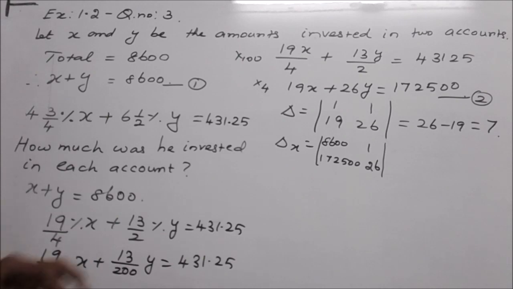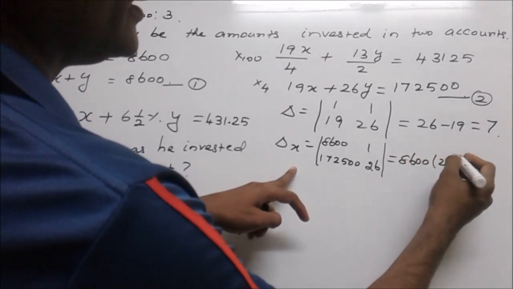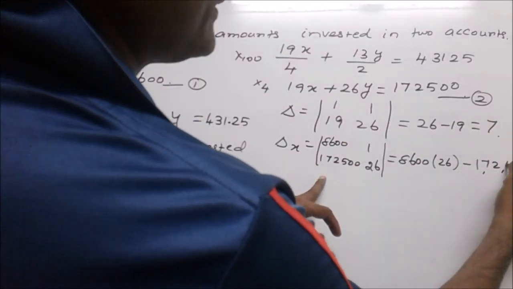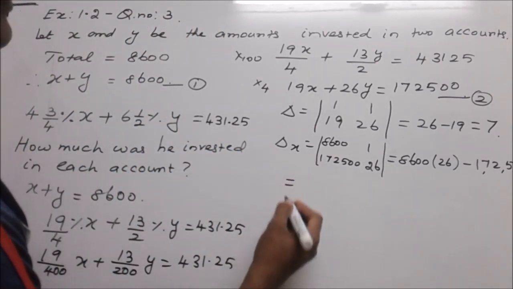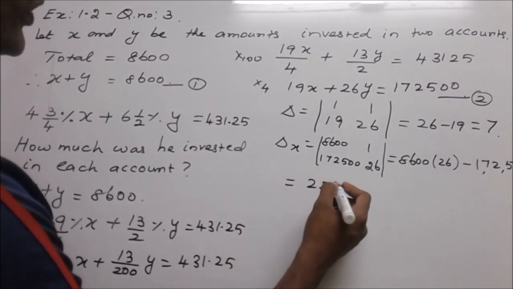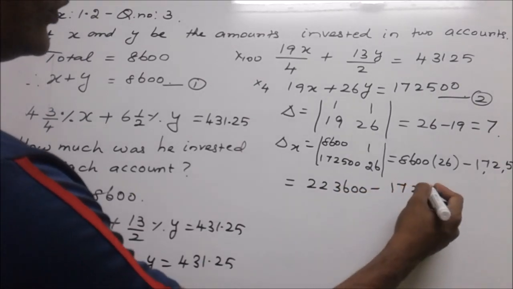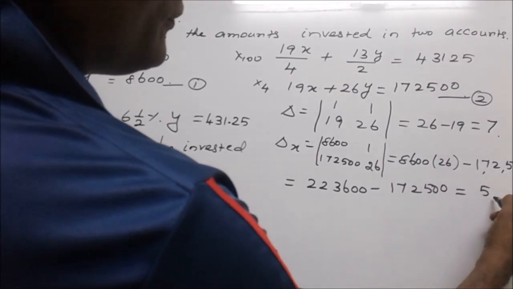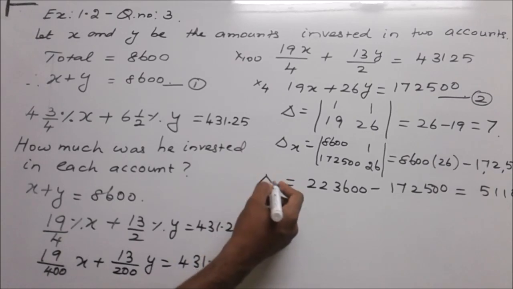Now multiply, we have 8600 into 26, minus 172500 into 1. Simplifying, we get 223600 minus 172500, which is equal to 51100. This is the value of delta x.